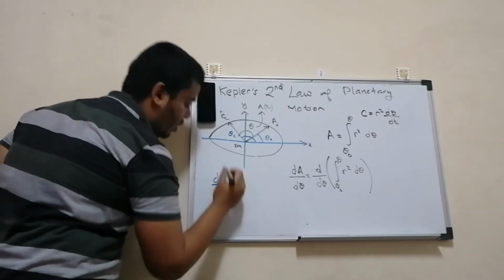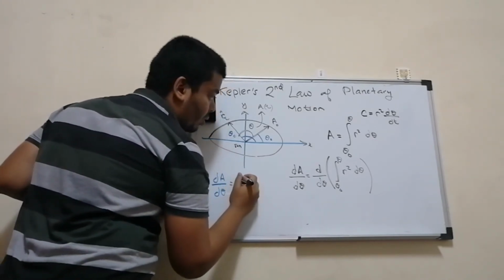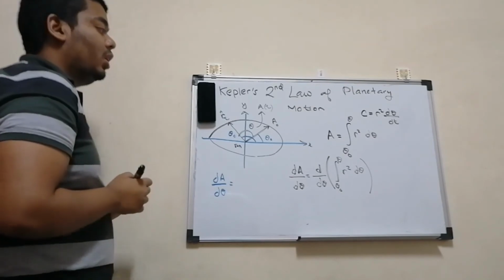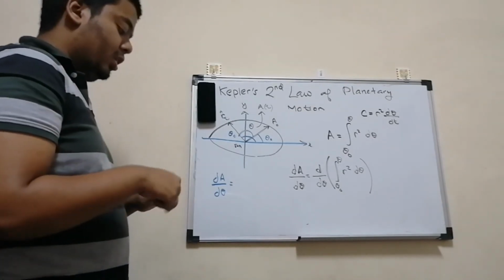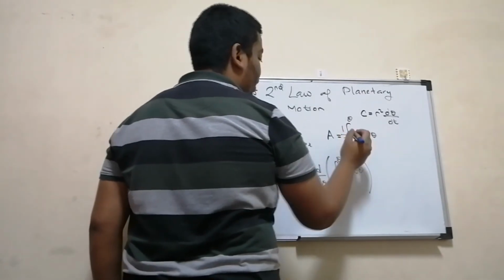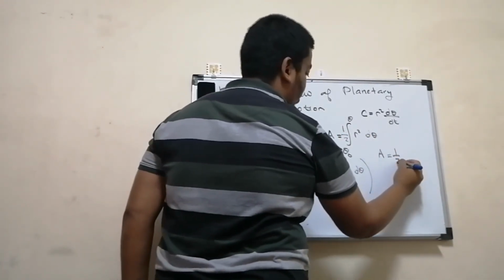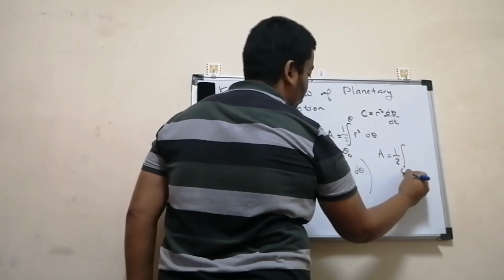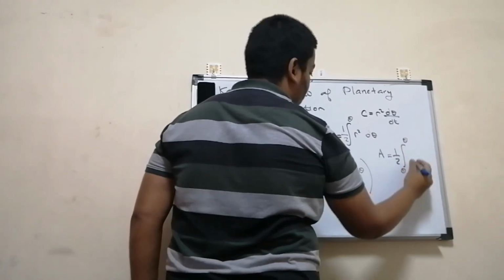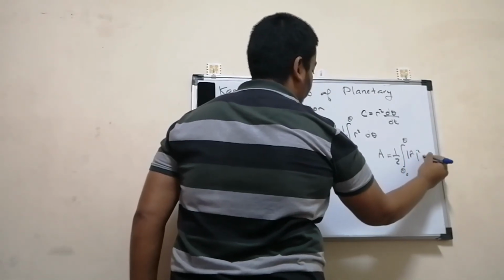That means the change of area with respect to the angle is equal to, and by the way guys, I forgot something. The initial area, it's half here. Why? Because the area of the conic section or a polar graph is given by 1/2 integral from theta naught to theta, and then you'll have this right here.